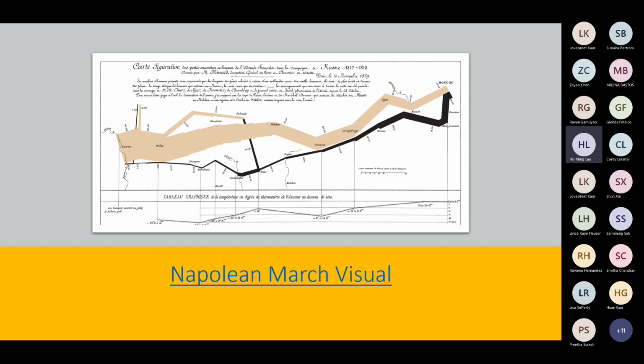If you see here, Moscow, the black line is coming back, and they returned with only 10,000. They started with 470,000, but there were only 10,000 people.